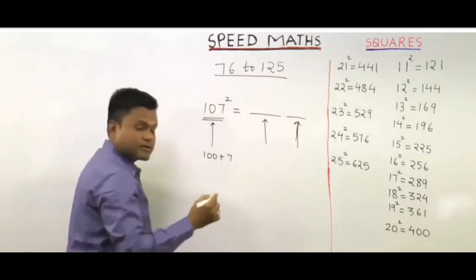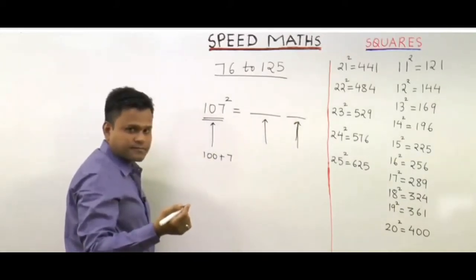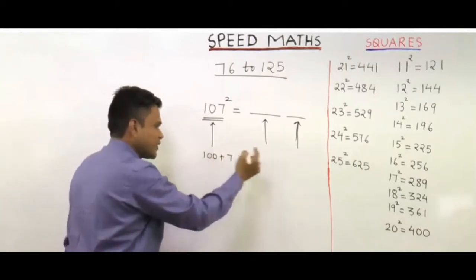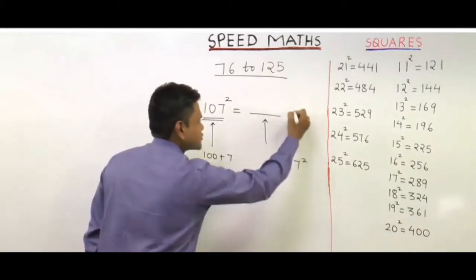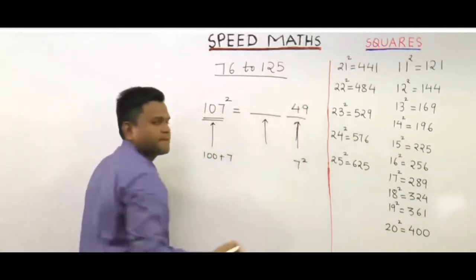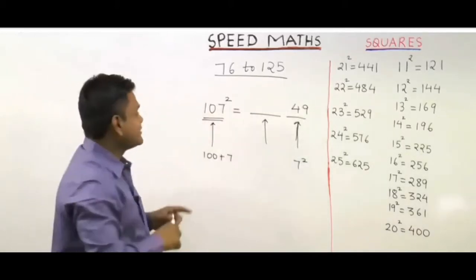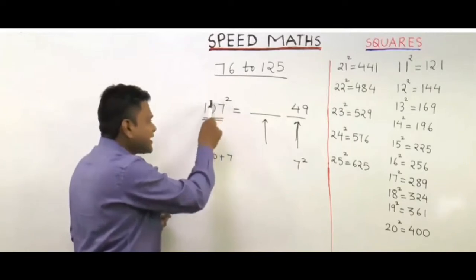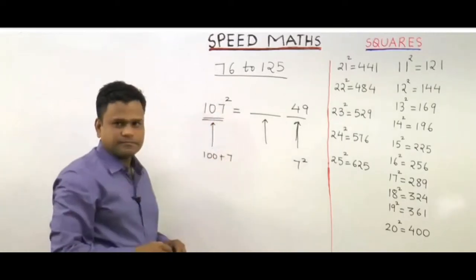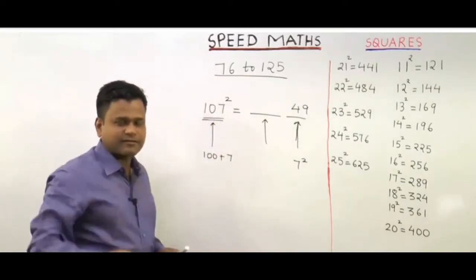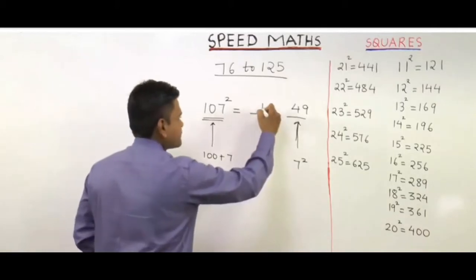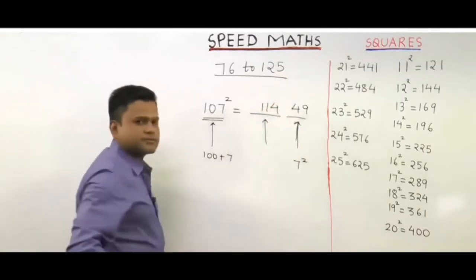The last blank, you can guess, has to be 7 square. 7 square is 49. And that first blank, what we do here, this number is added back to 7: 107 plus 7, 114. That's the answer.